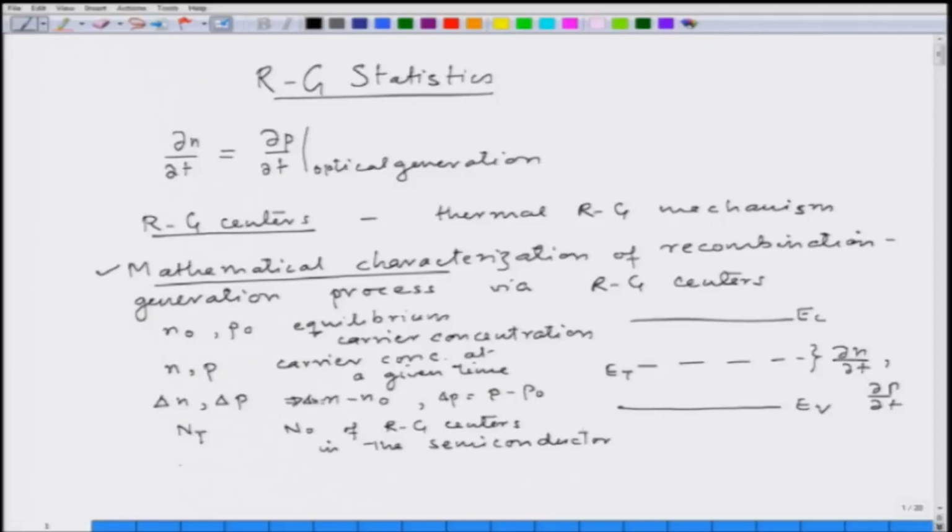In this total number of N T centers, we have small n t, which is the number of RG centers filled with an electron.